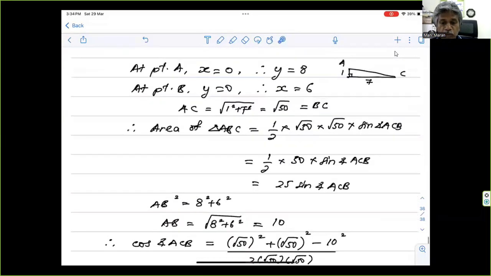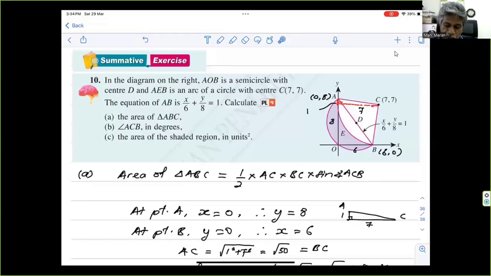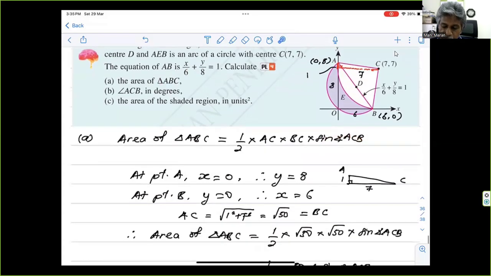Okay, let's go through one more time very quickly just to revise this. So you asked to find in the first part, what is the area of triangle ABC? Here we are using the formula half AB sine of the angle. So AC and BC will be the radius. So we can find AC from this small triangle here because we know the horizontal distance and vertical distance. And AC will be equal to BC.